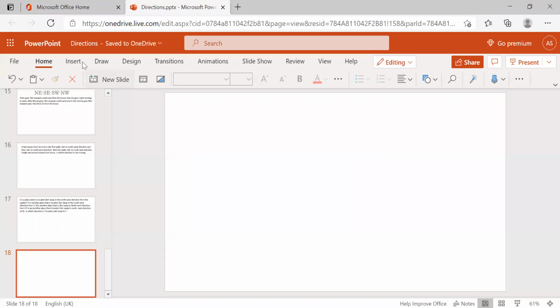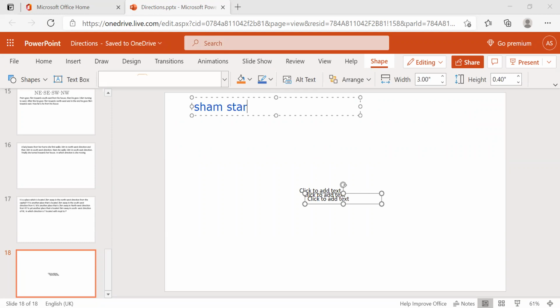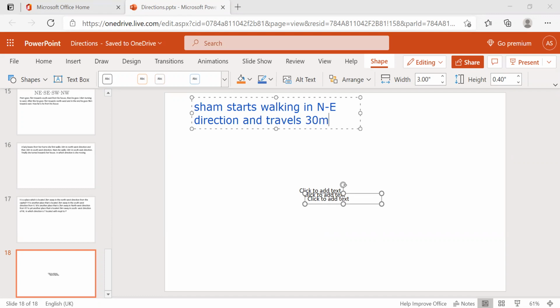One question I'm going to give to you. You people will solve this question now. See here. Sham starts walking in the northeast direction, I'm giving it like this, and travels 30 meters.